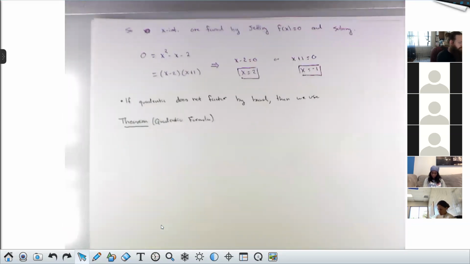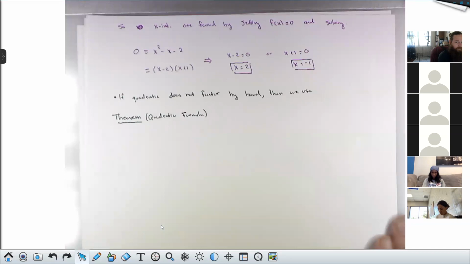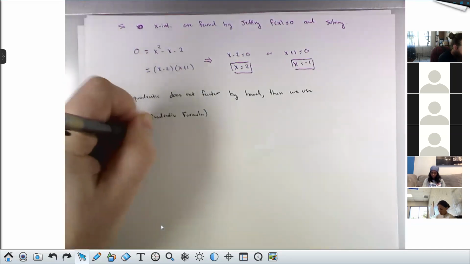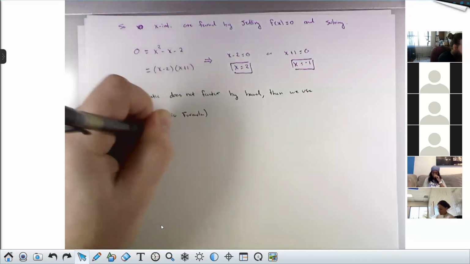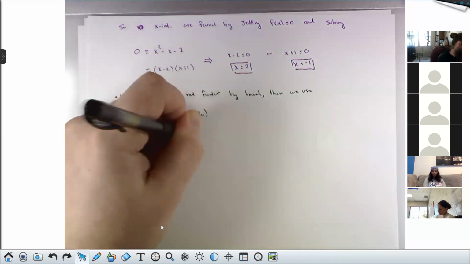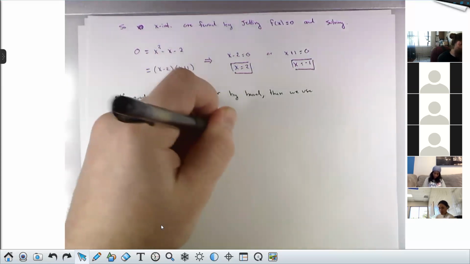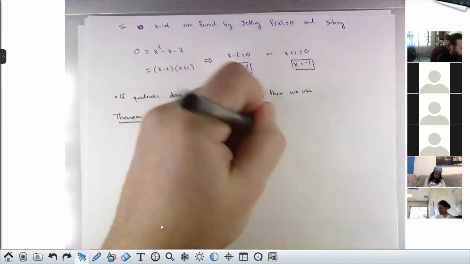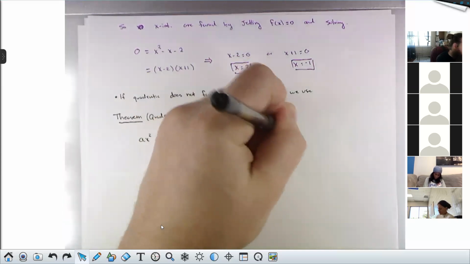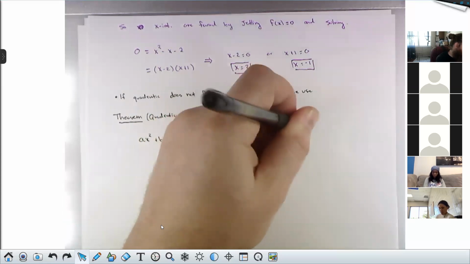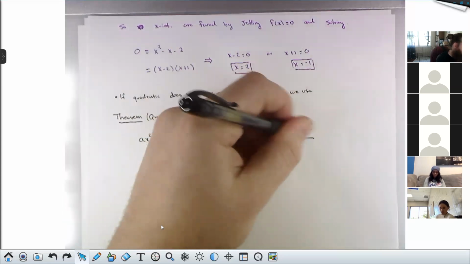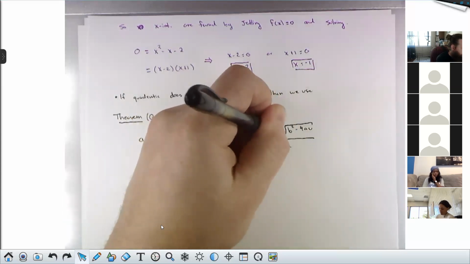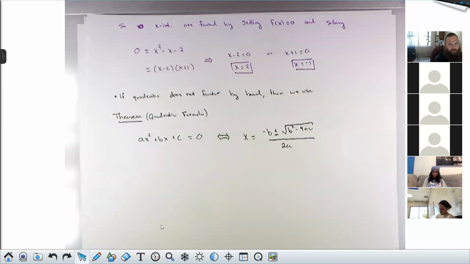What this theorem says is that ax squared plus bx plus c will be equal to 0 if and only if x is one of the two following numbers: negative b plus the square root of b squared minus 4ac over 2a, or negative b minus that square root. So we usually write that as a plus or minus here.